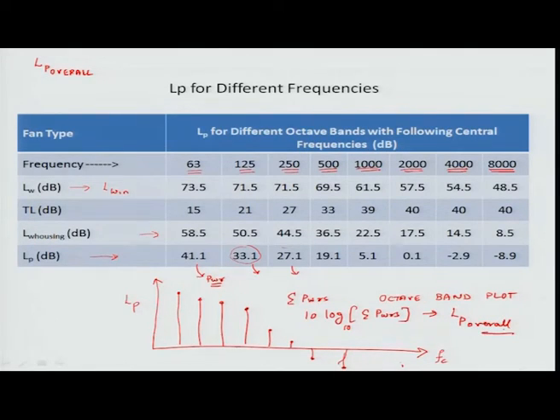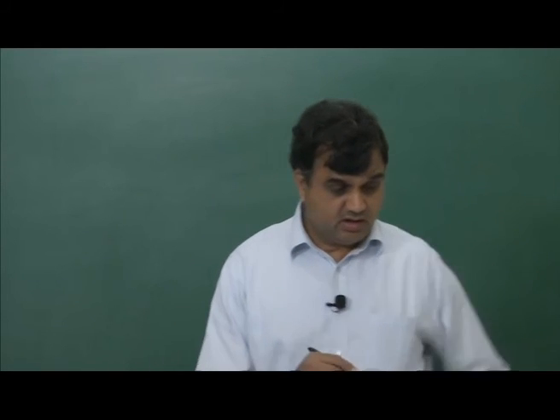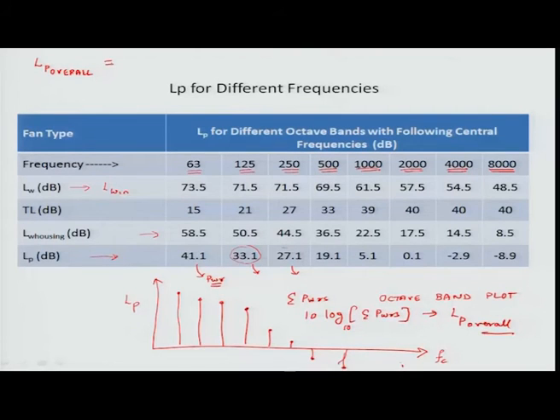So, I will show it here. How do we do that? We have discussed this several weeks back, how we add up powers, and I am just going to directly write the numbers. So we take 10 log 10 of the sum of powers. The first number is 41.1, so I do 10 to the power of 41.1 divided by 10. That will be the relative power.